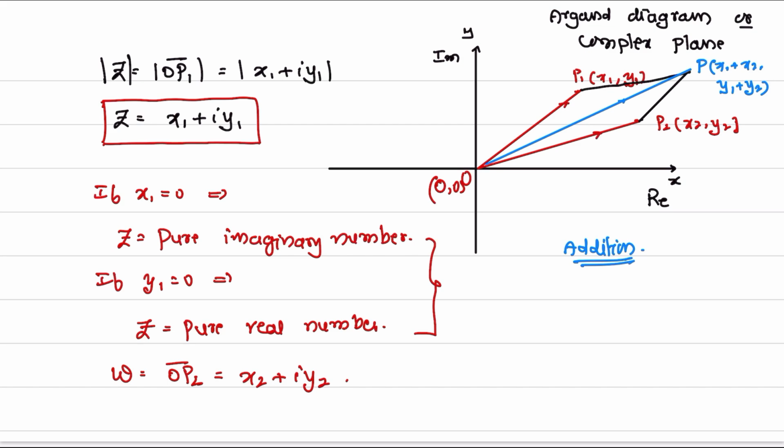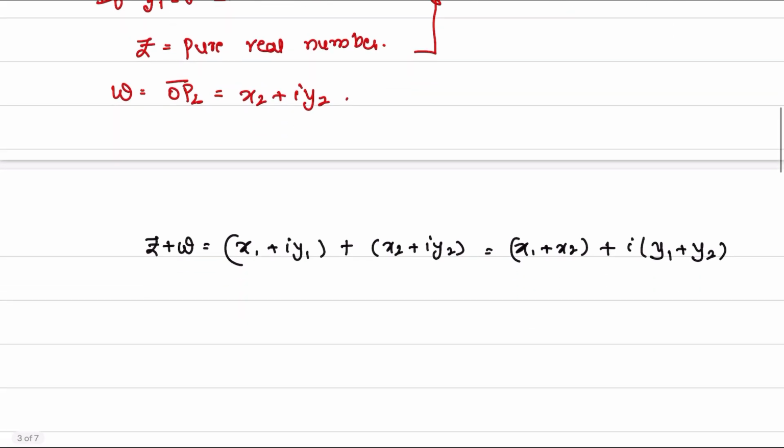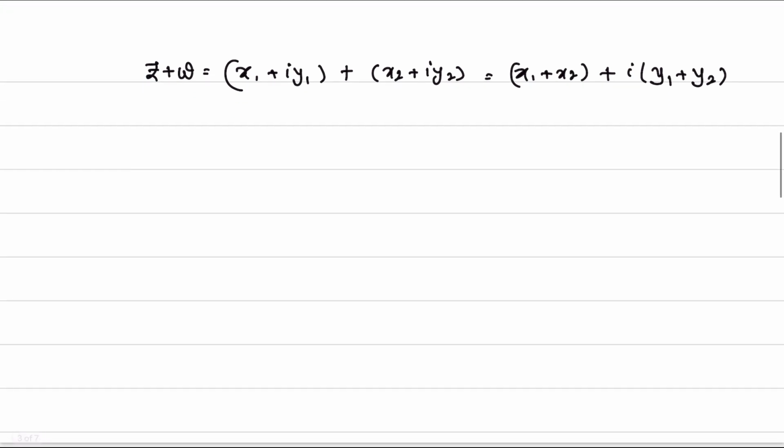How do you do vector addition? For example, please understand this concept. Once you understand this, it will be easy for you in the further classes.